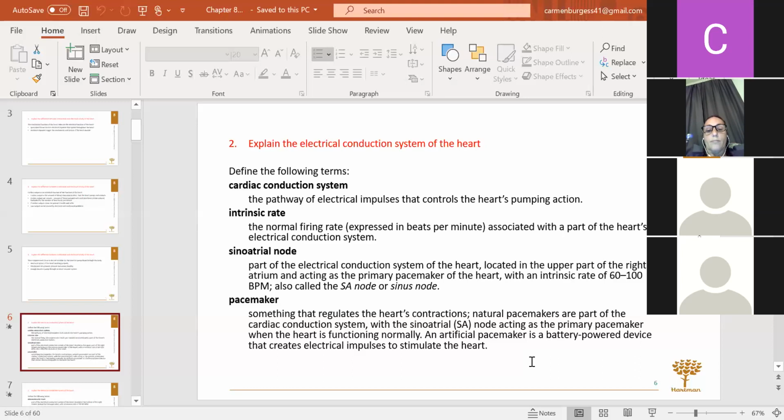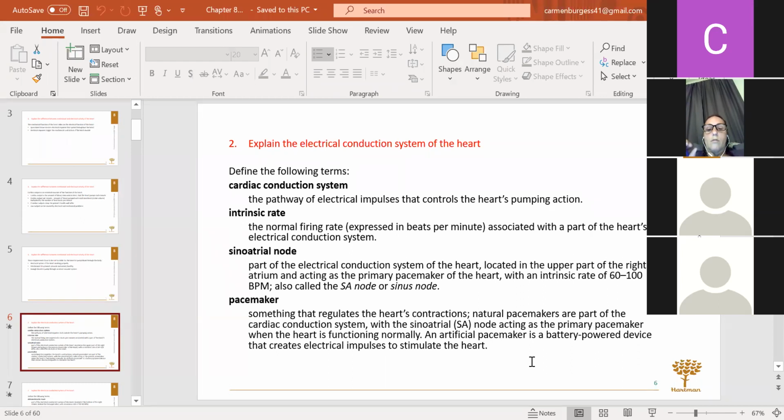Right. So let's go back. What is your intrinsic rate? It's the normal. But what is that? 60 to 100. So what is the intrinsic rate of the SA node? 60 to 100. Right. So if I say this person has an intrinsic rate of 80, where are their electrical impulses firing? Where's that starting?